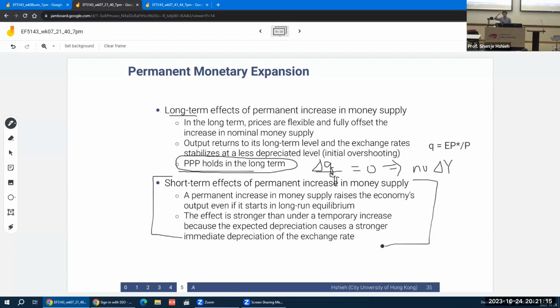And you get a reversion, the overshooting and then the reversion as we go from the short run to the long run. Why? Because prices are responding to the change in MS. If P changes by the same proportion as MS, then E also moves in the same direction. And if that's the case, then Q shouldn't change at all. And if those conditions are true, then relative PPP will hold in the long term. That's the takeaway.